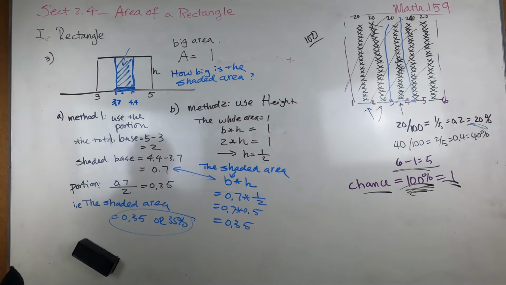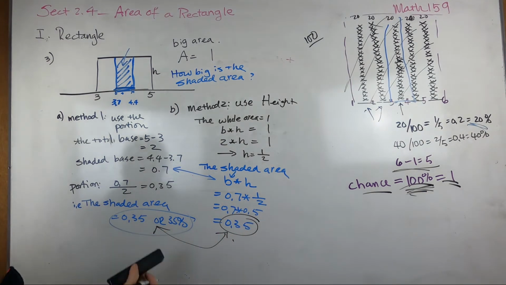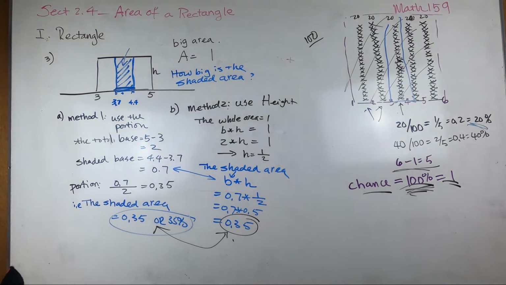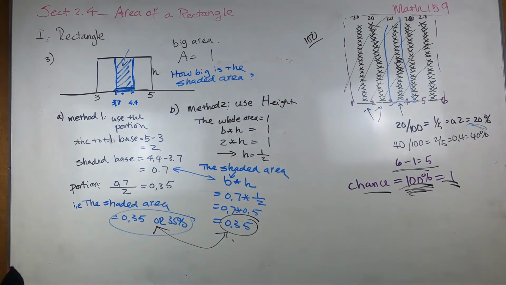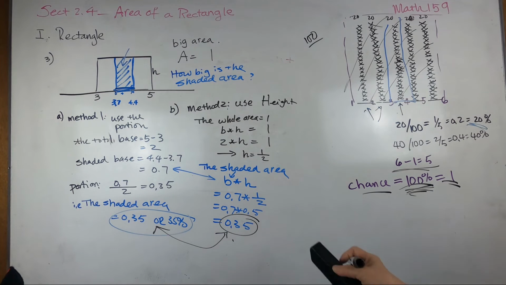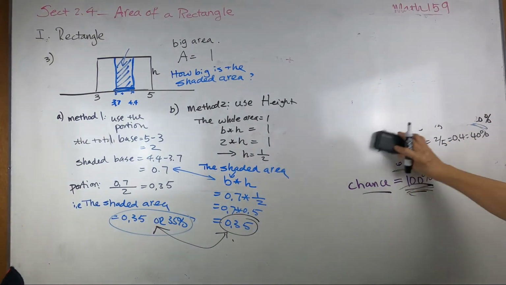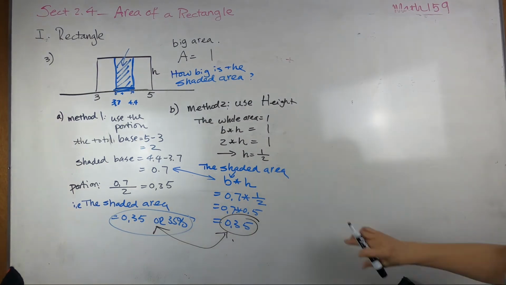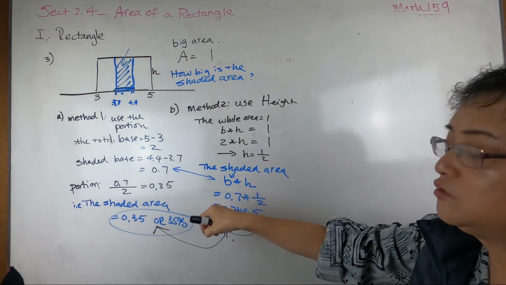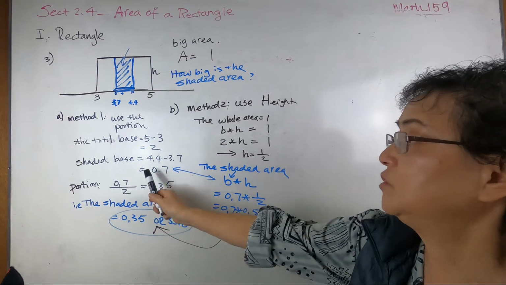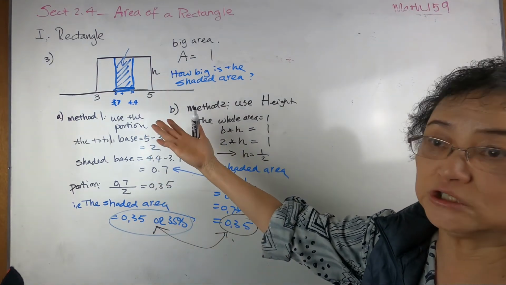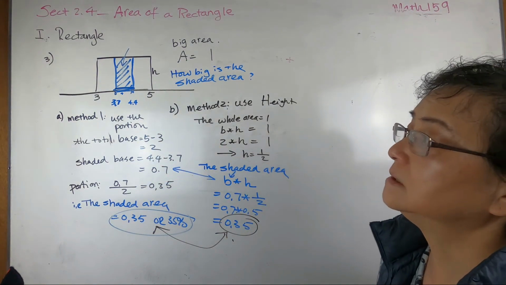Okay? Do we have the same answer? Yes. That's how we do it. So if you use the second method, use the height, as in your homework. That's how they do it. But for the uniform distribution, you can just compare the portion, then you've got it already, right?